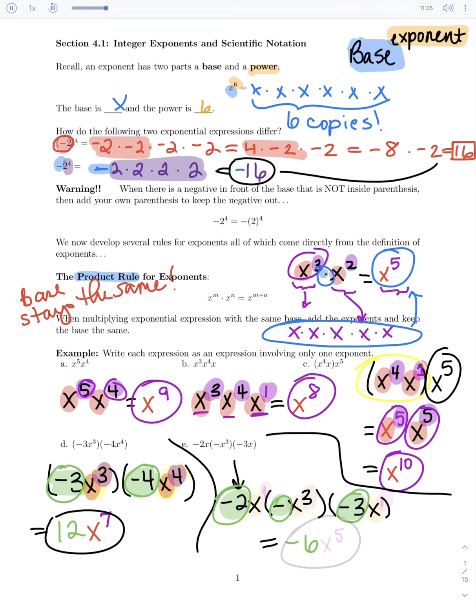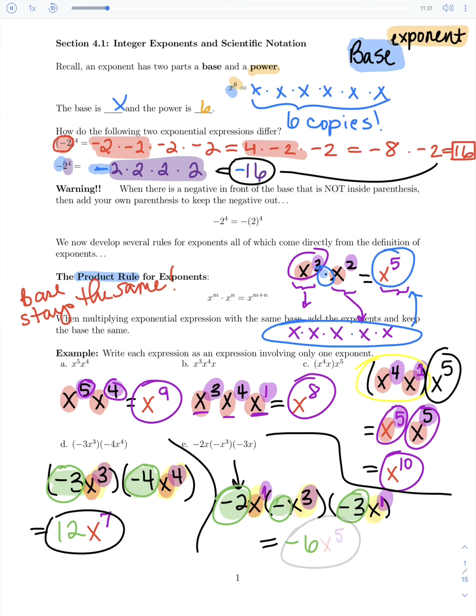Now I need to multiply my x's. I've got an x cubed and an x. So remember, if I'm multiplying, I'm adding up how many x's I have. If I don't see an exponent, it's a hidden 1. So let's count these up. So I've got 1 plus 3 more is 4, plus 1 more is a total of 5. 5 what's?